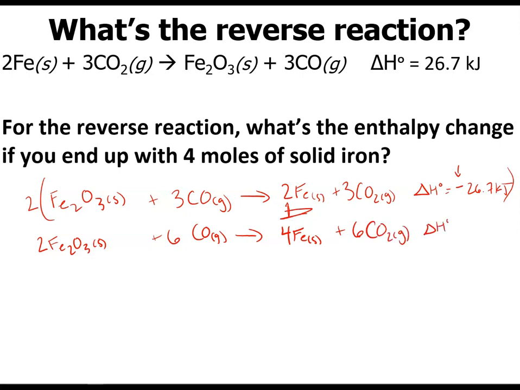For this delta H, I'm going to take 26.7, multiply it by 2, and I get 53.4. Remember, that's a negative value because we reversed that chemical reaction above. So here we are with our final reaction, and we're able to determine that we should get an enthalpy change of negative 53.4 kilojoules.